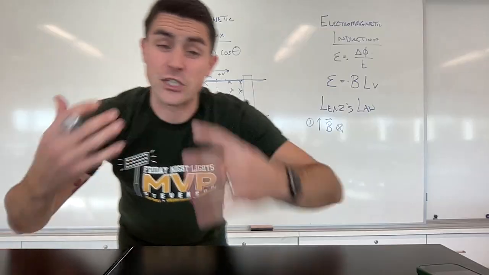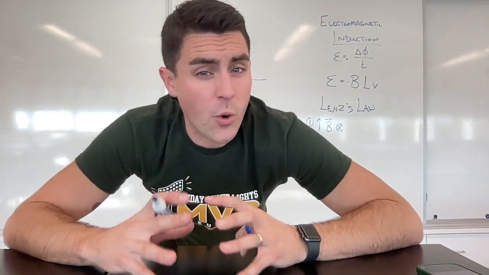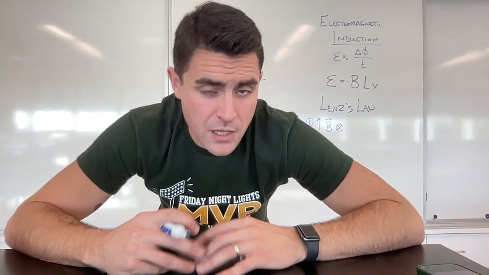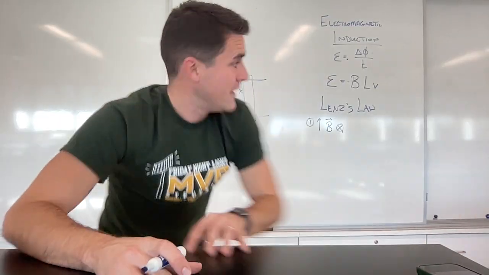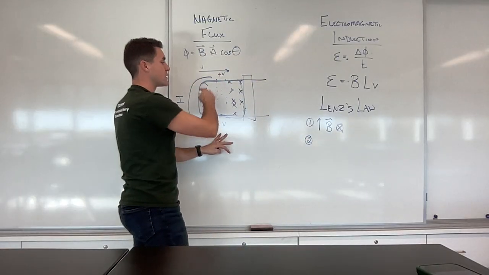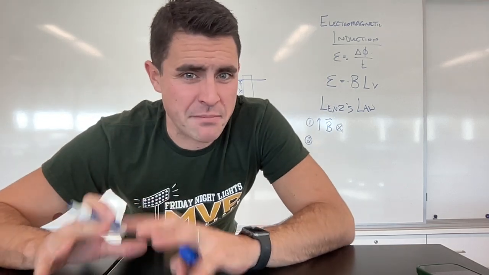Now, that disrupts the equilibrium that this system is experiencing. So in order for the system to remain in equilibrium, Lenz's law states the current induced in this loop will oppose the change in magnetic field.